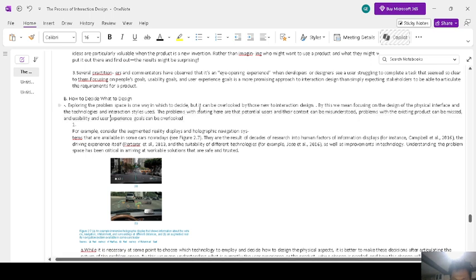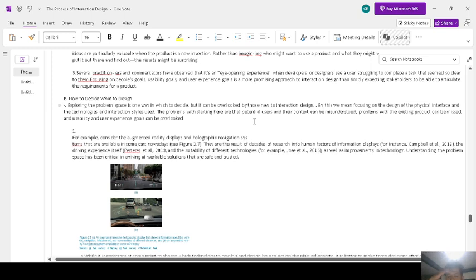So basically, the problems are that potential users and their context can be misunderstood. Problems with existing product usability and user experience can be overlooked, because the problem could be a result of a combination of factors that you may not be aware of.